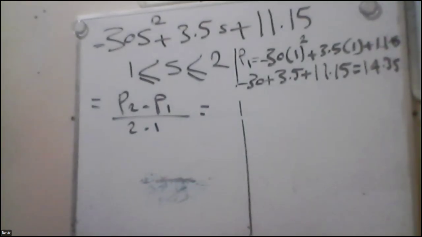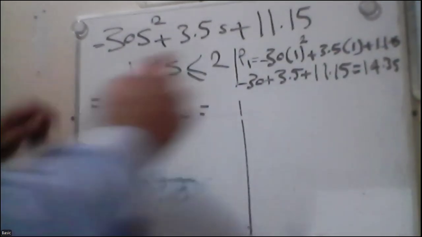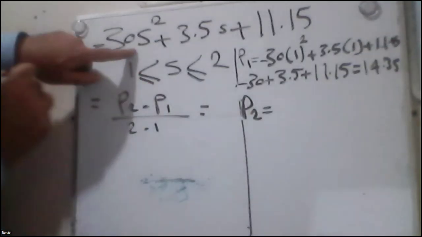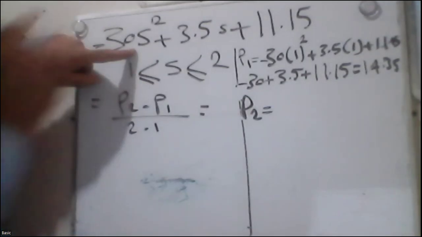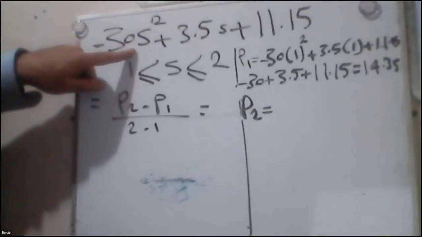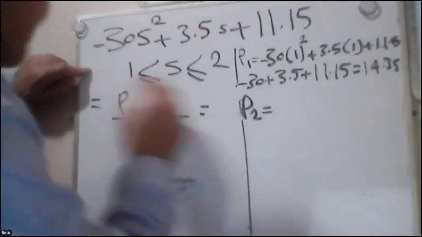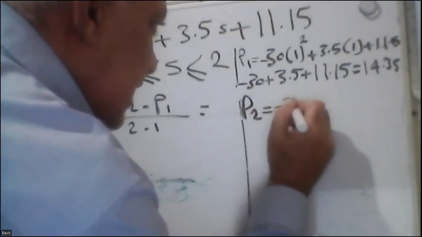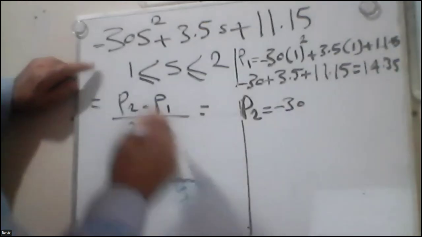Yes, okay. And now I'll do P2. When I do P2, then I will substitute here with the amount of 2, not 1. So when I do the amount 2, it will be minus 30, same.